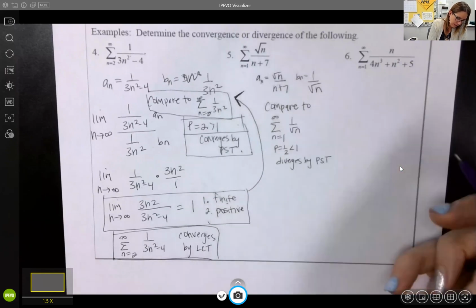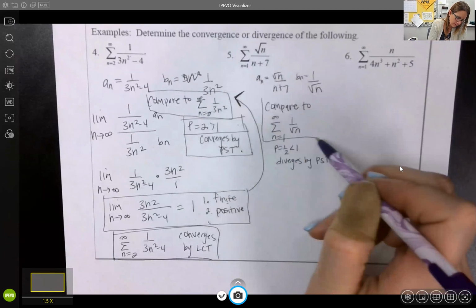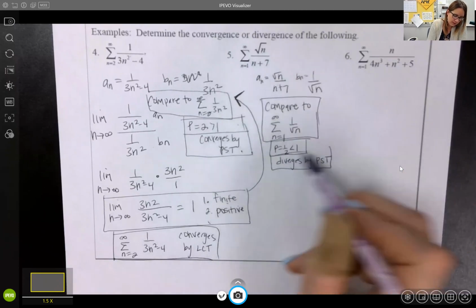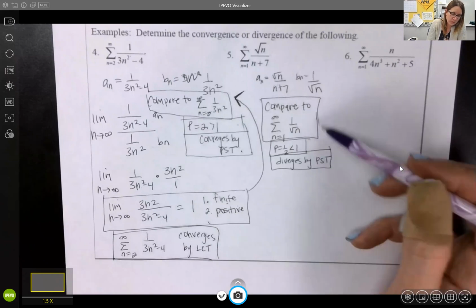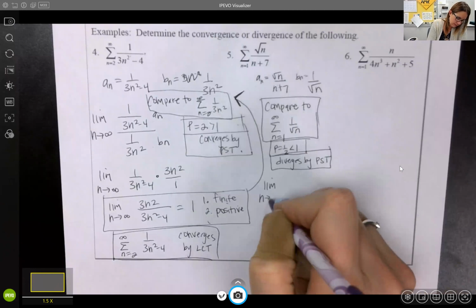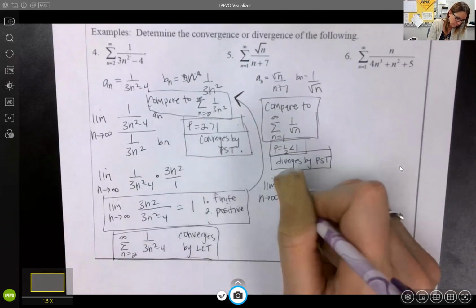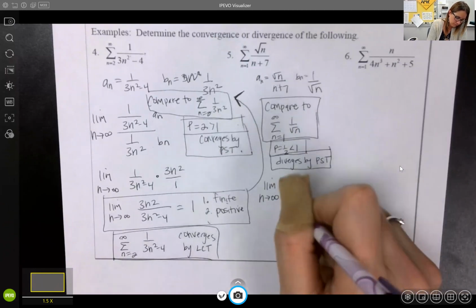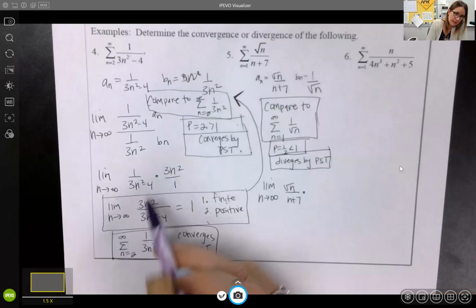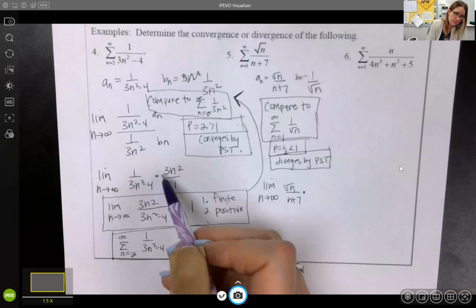Okay, so I compared it to this function. I said what p is, and that diverges. So now I'm going to do my limit comparison. Remember I told you I'm not going to do the divide anymore. I'm going to go straight to flipping it over.